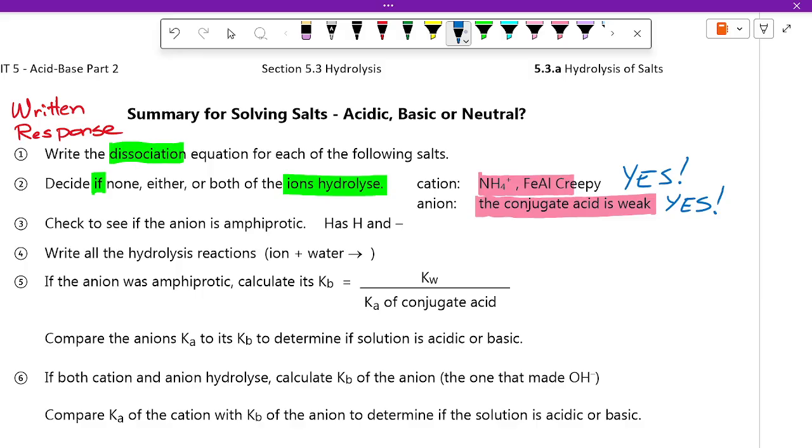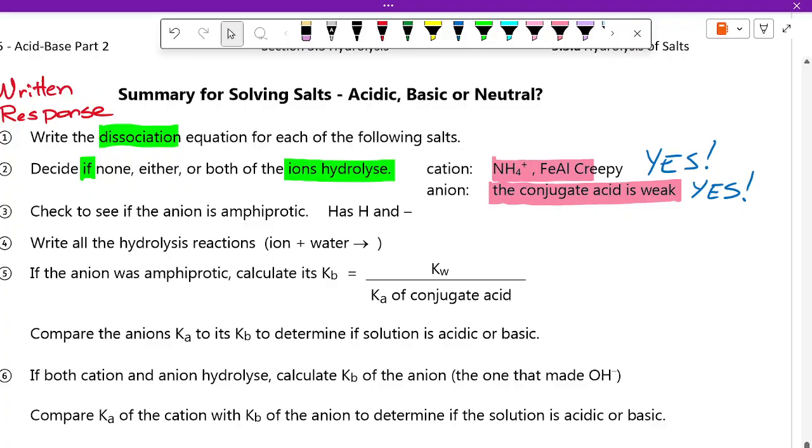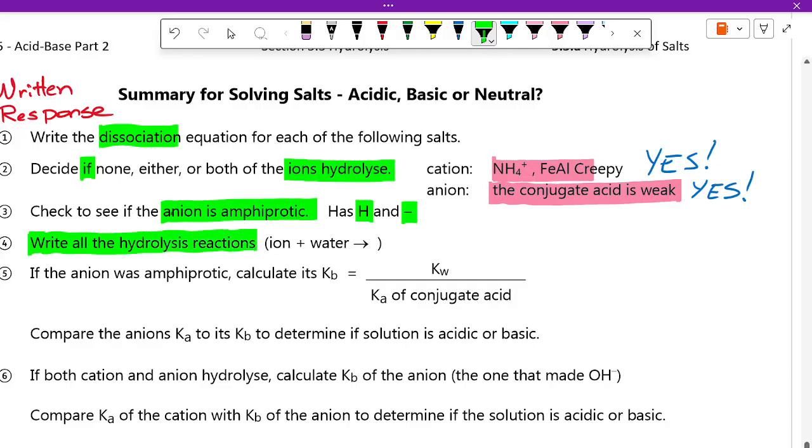Now, the other thing you do need to check is to see if the anion is amphiprotic. And that means it has an H and a minus. And then you're going to write all the hydrolysis reactions. And by hydrolysis reaction, what two things are reacting? The ion and the water.